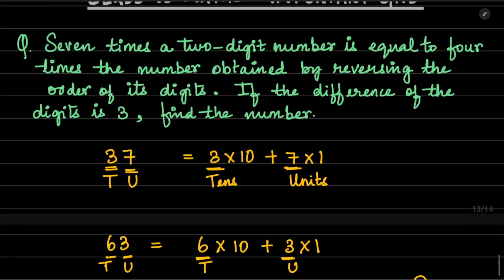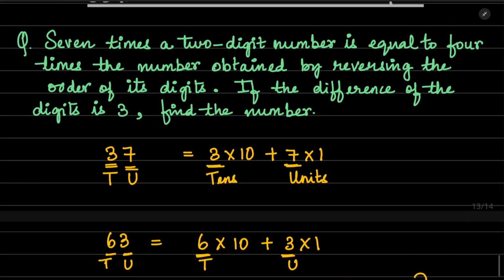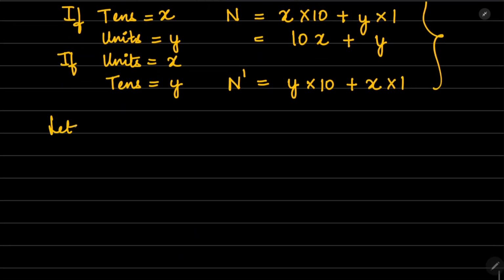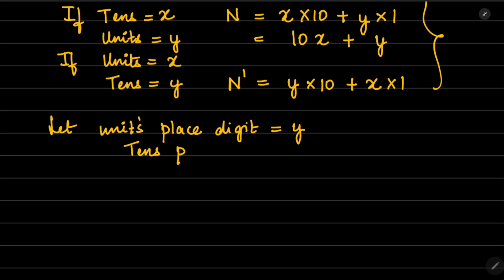So let us solve this question. What you are asked is a 2-digit number. So let us assume that the units place digit be y and the tens place digit be x.